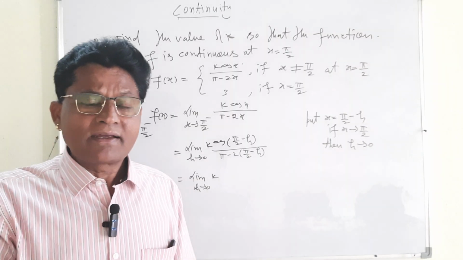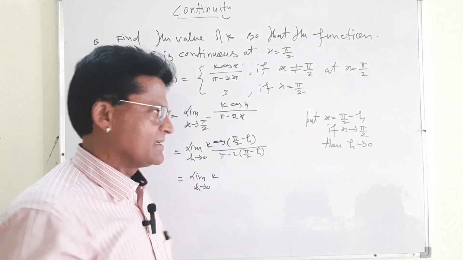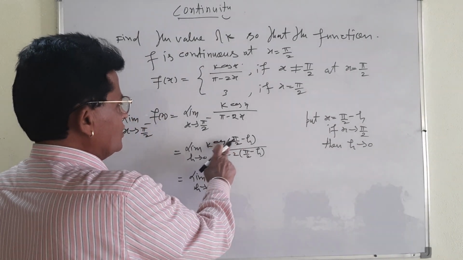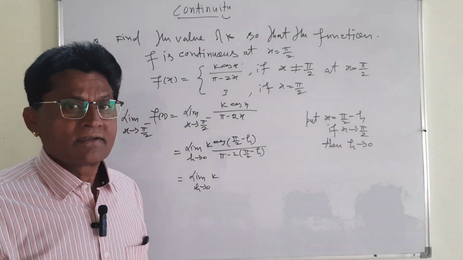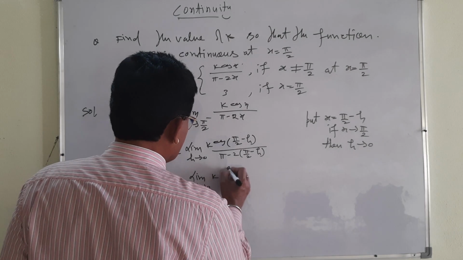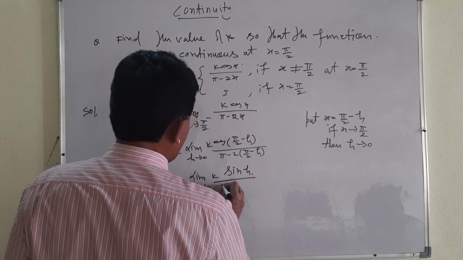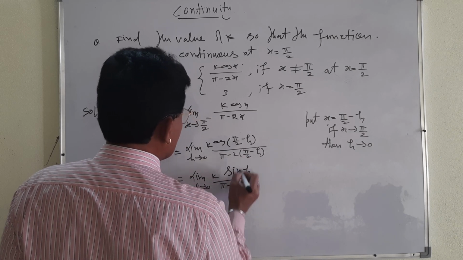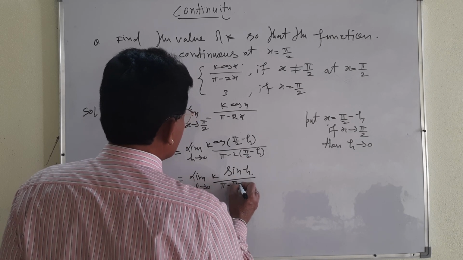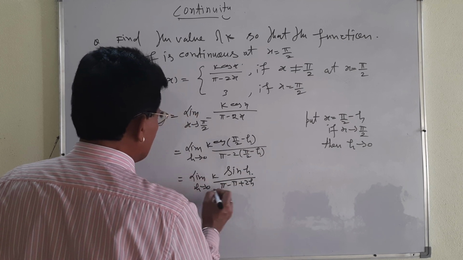You see, it is a very simple condition which you studied in class 10, the trigonometric functions in the first quadrant: cos of pi by 2 minus theta will be sin theta. So it is sin h upon pi minus pi, which cancels, plus 2h, since negative and negative make positive. Pi will be cancelled by pi.